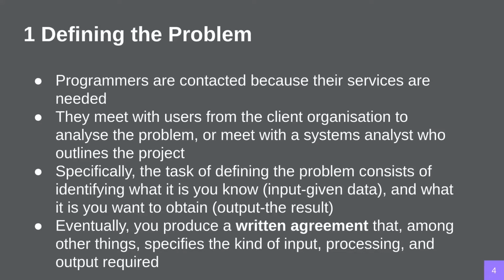Defining the problem consists of identifying what you know, so what's going to be input, and what you want to obtain, so what's going to be output. Eventually, you'll produce a written agreement that, among other things, specifies this input, processing, and output. That written agreement is often called a requirement specification.